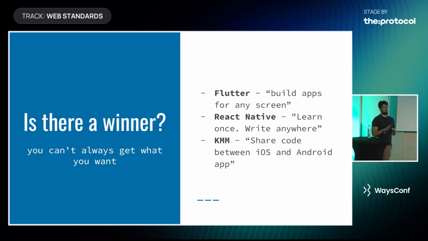With React Native, you can do the same if you already have JavaScript developers. Okay? And with Kotlin multi-platform, you can start incorporating cross-platform capabilities if you already have Android and iOS applications.